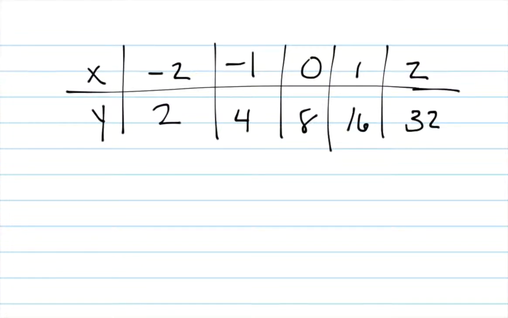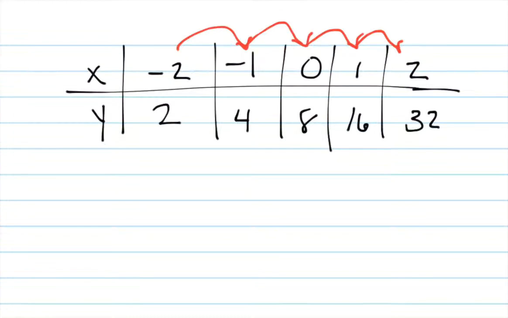And so we want to determine a function based on the data they've given us. Now, one of the first things we need to determine is, are the x's going up by the same amount each time? The answer is yes. Each time they're going up by 1.